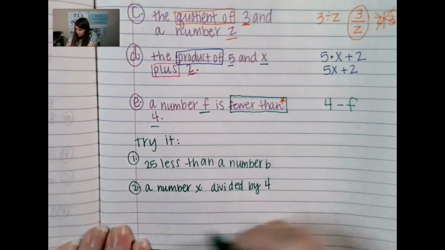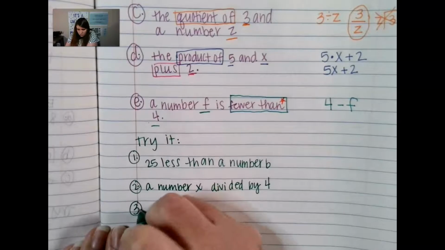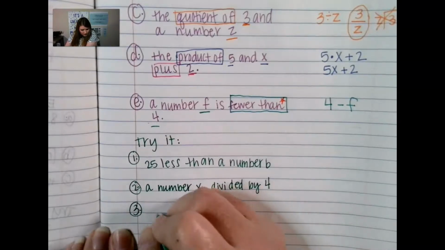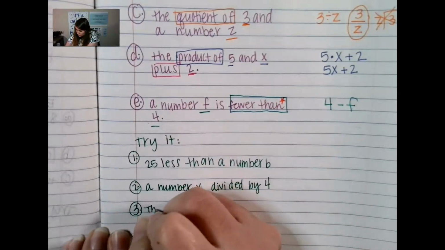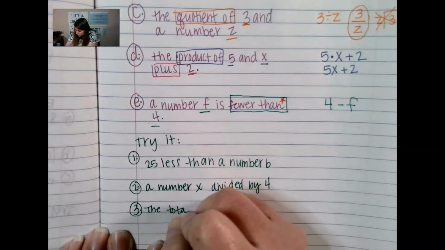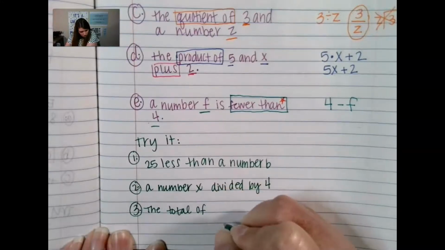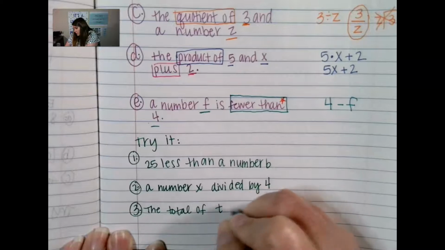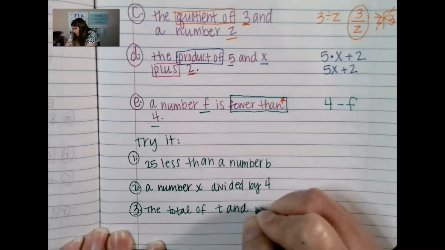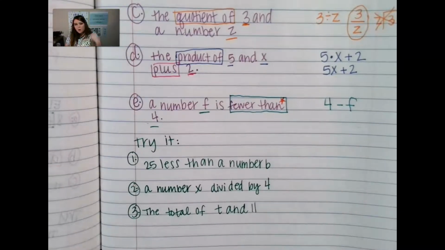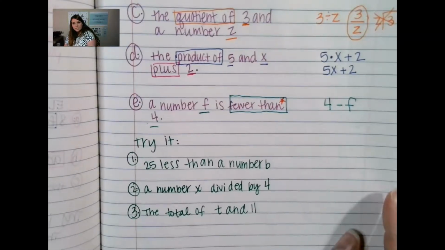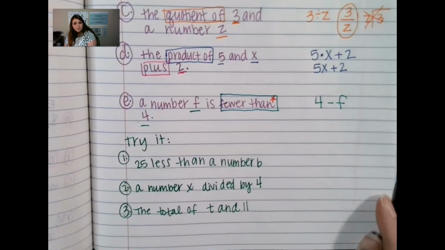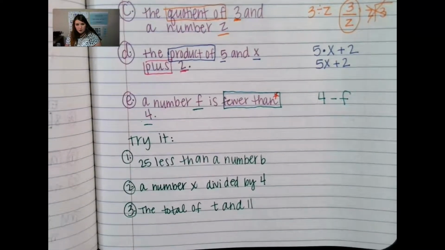And the last try it we are going to do says the total of t and 11. All right, so go ahead and hit pause right now so you don't hear me solving these. And then when you are ready to check your work, come on back.